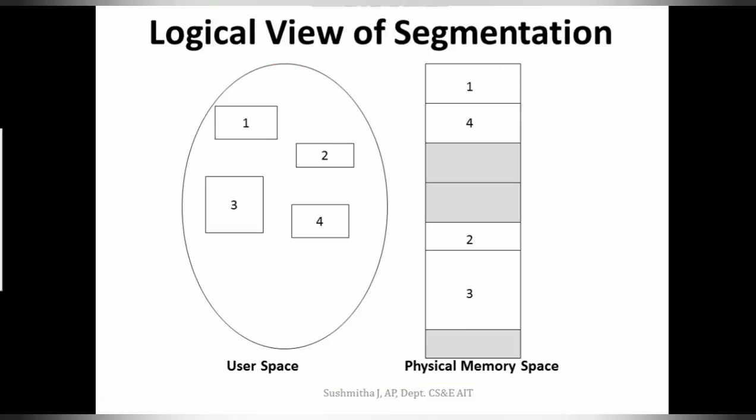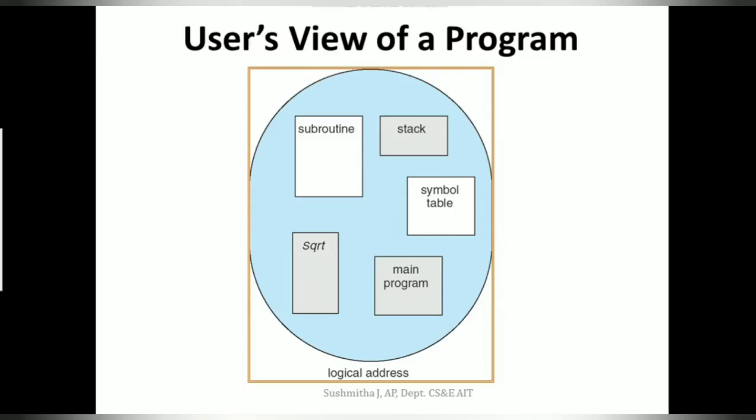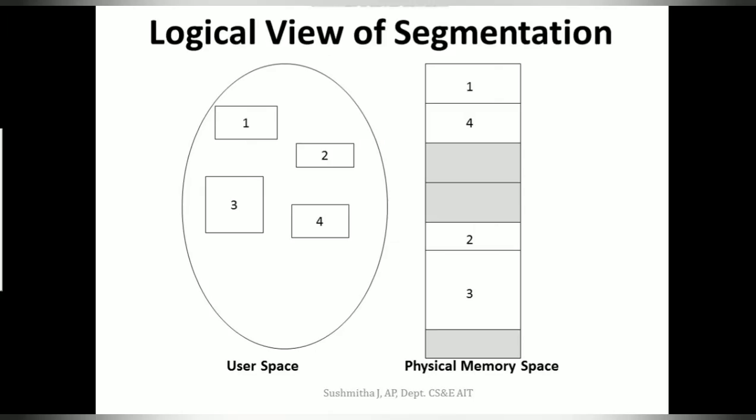Now again, this is present in the logical address space of a process. When we say logical address space, the CPU and the process can see only the logical address space. That needs to be mapped to the physical address space.